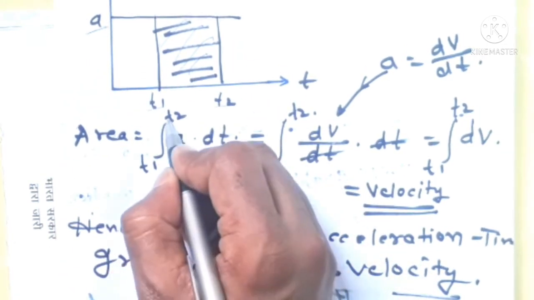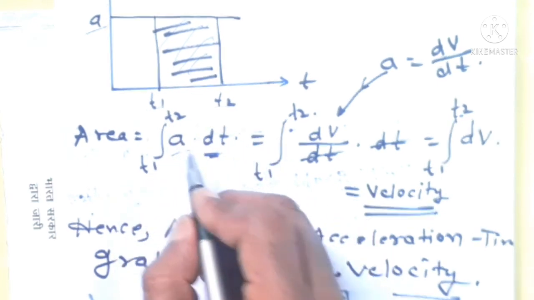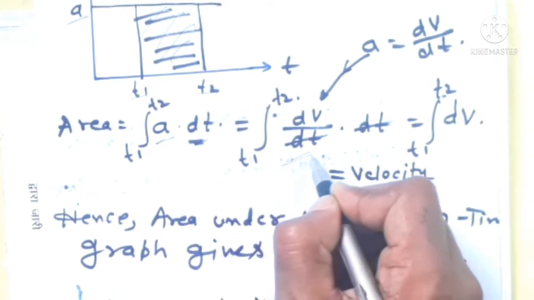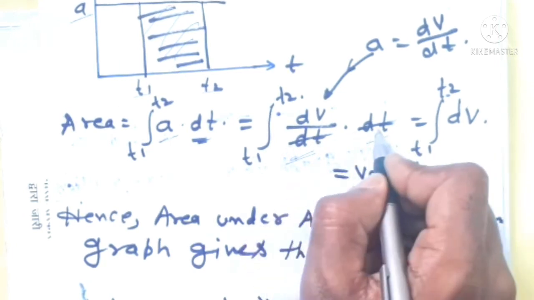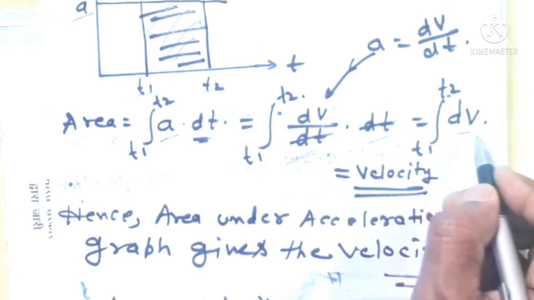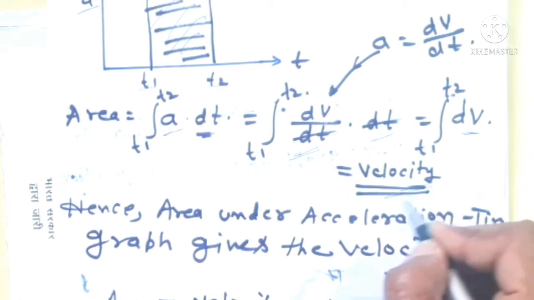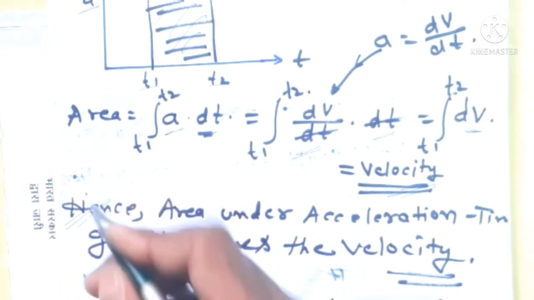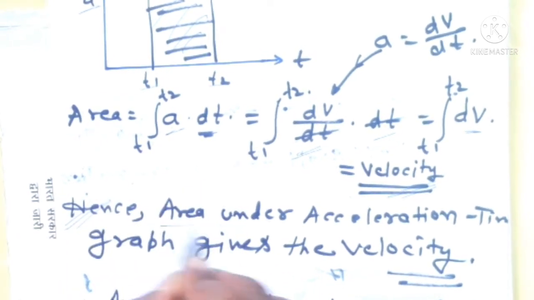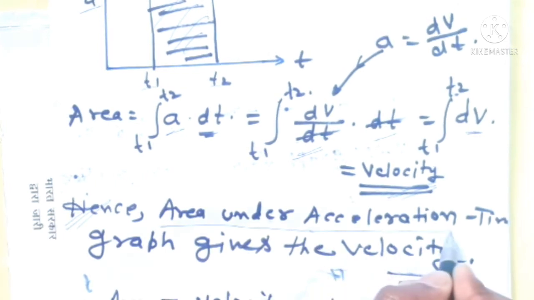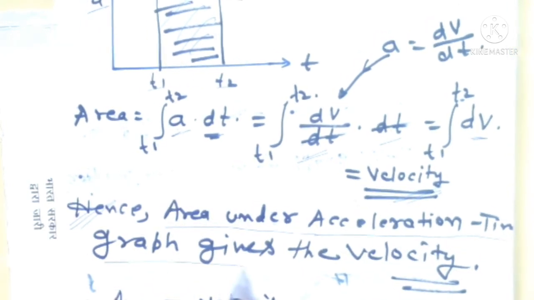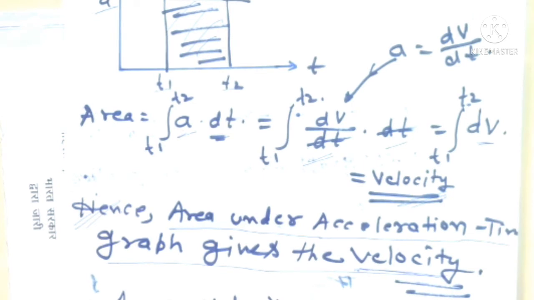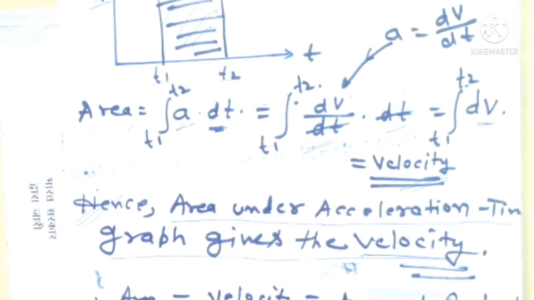From t1 to t2, acceleration is the rate of change of velocity, dt cancels, dv remains, and dv is velocity. So the area under the acceleration time graph gives velocity. This is our important point: area under the acceleration time graph gives the velocity, and area under the velocity time graph gives the displacement.